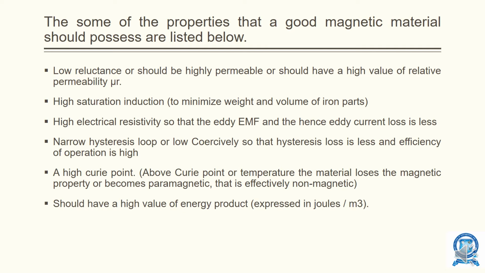Some properties a good magnetic material should possess are listed below: low reluctance, that is highly permeable with a high value of relative permeability, high saturation induction, high electrical resistivity so that eddy EMF and hence eddy current loss is reduced, narrow hysteresis loop so that the hysteresis loss is less and efficiency of operation is high, a high Q point, a high Curie temperature above which it loses its magnetic property and becomes paramagnetic, that is effectively non-magnetic, and a high value of energy product, expressed in joules per meter cube.